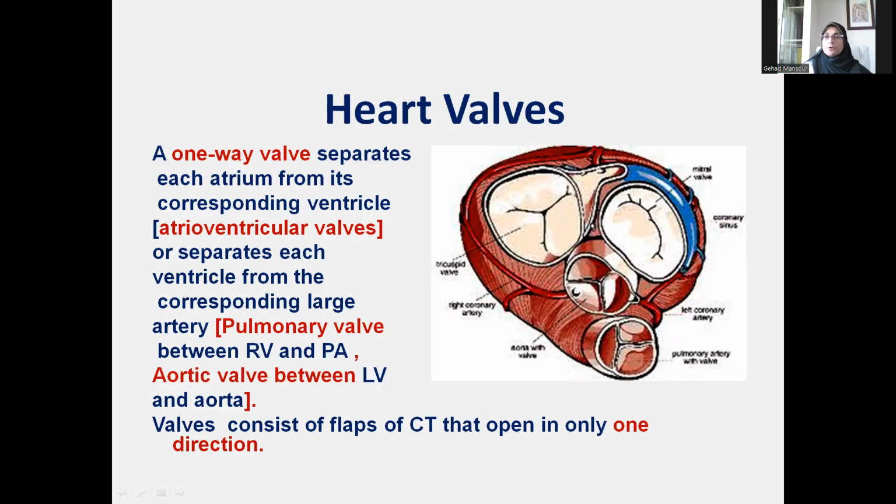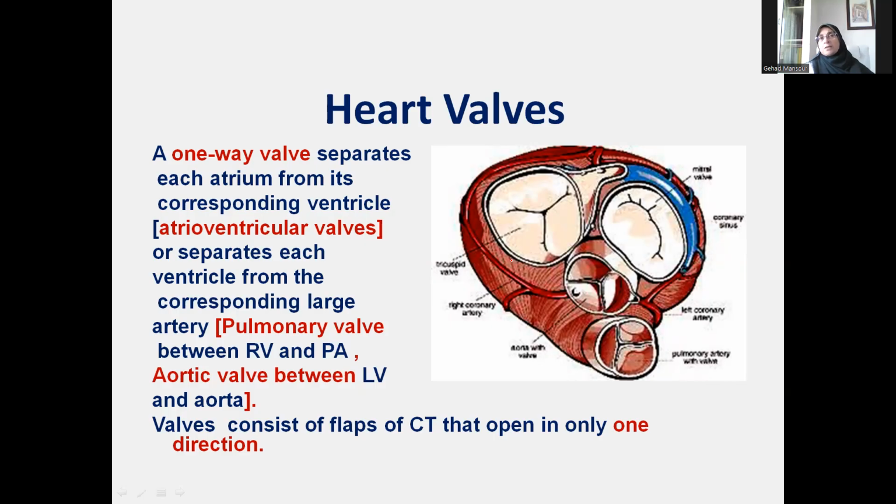Concerning the semilunar valves, you would say that they allow the passage of blood from the ventricles to the large arteries during ventricular systole and prevent backward flow during ventricular diastole. But if I ask about one of the semilunar valves specifically, for example, the aortic valve, then you have to specify the ventricle and the type of blood.